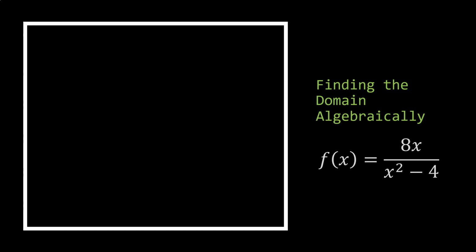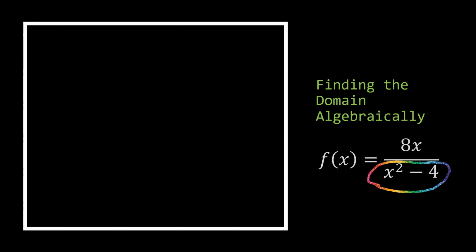But when we are trying to divide that quantity of 8x by x squared minus 4, we are going to run into trouble if x squared minus 4, the denominator, is 0, because we know we cannot divide by 0, right? That will give you an undefined answer.